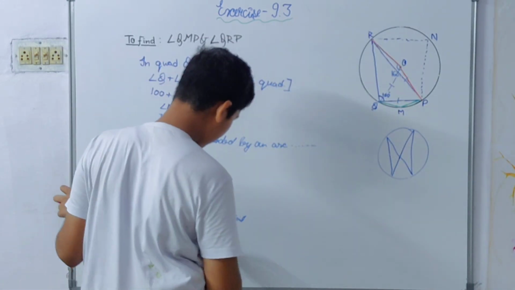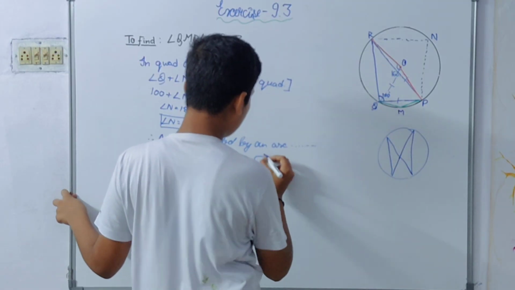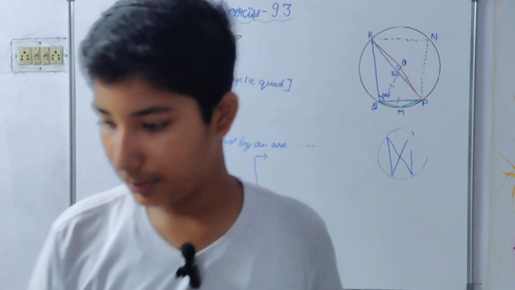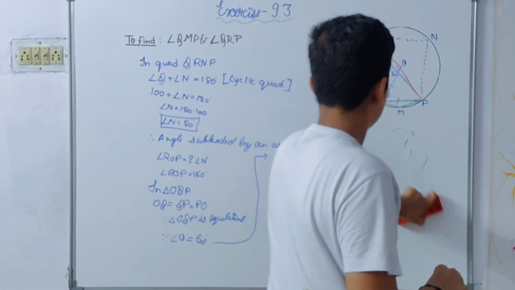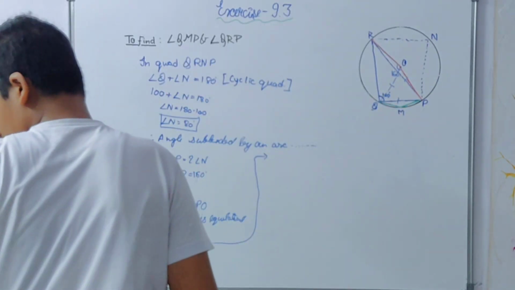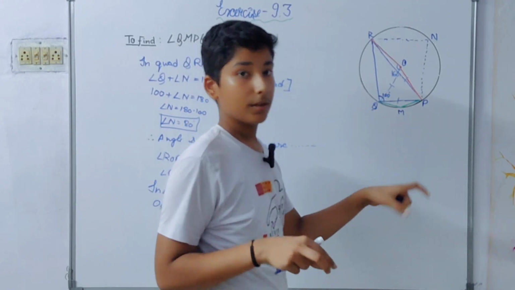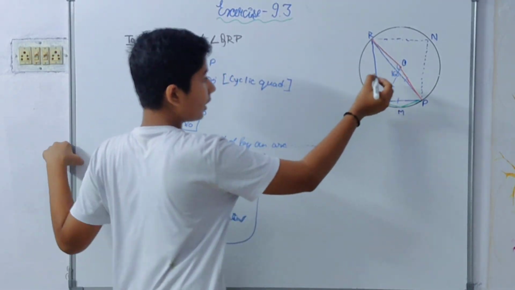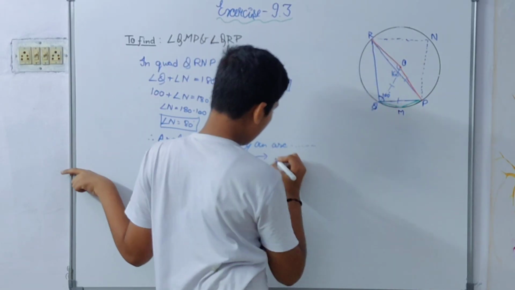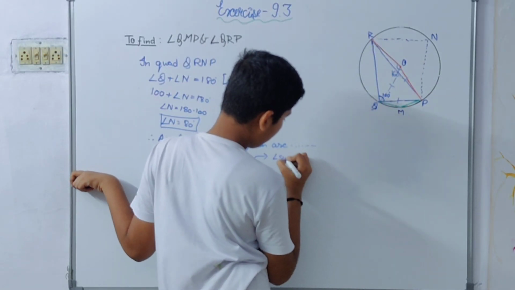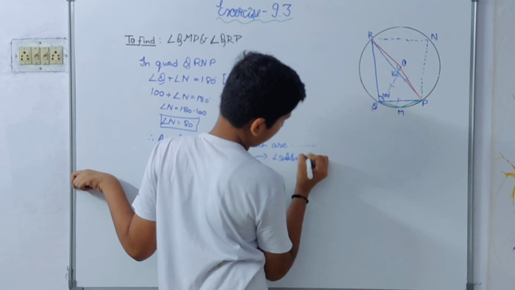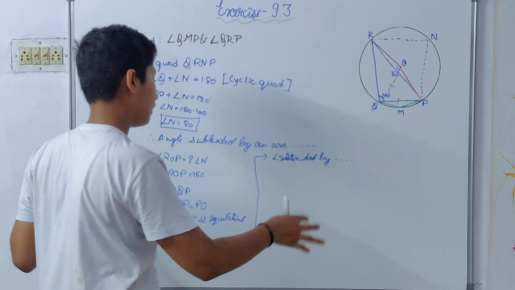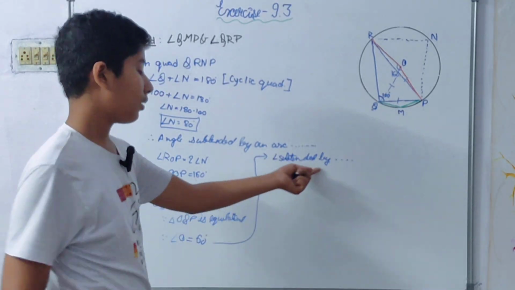But first of all, over here we'll continue. I've erased it, and now angle O is 60 degree, so angle subtended by an arc, that you can write. There's no space, so I'm using this arrow.